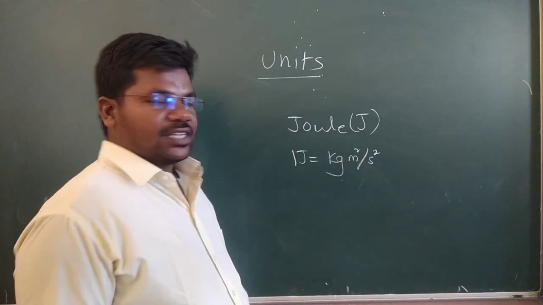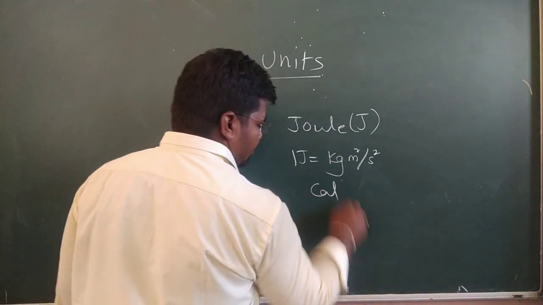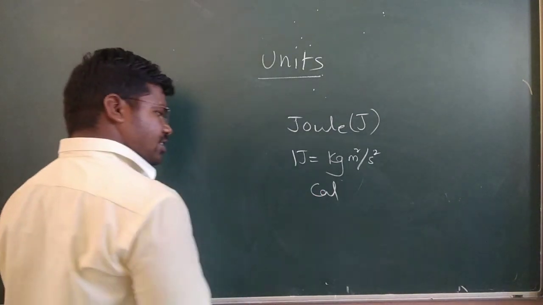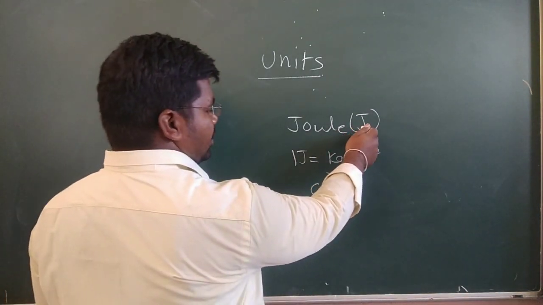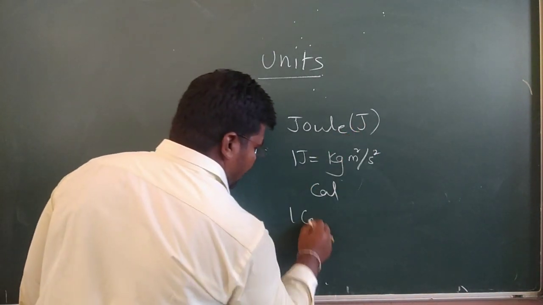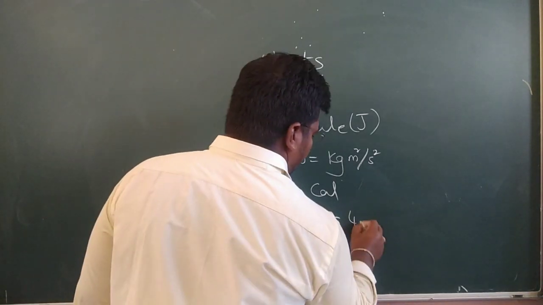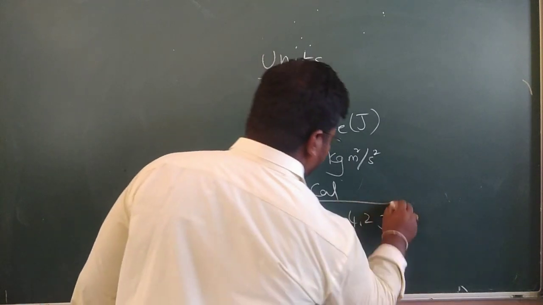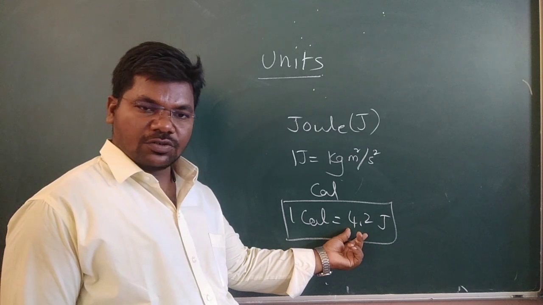Another unit is calorie. The relation between joule and calorie is 1 calorie is equal to 4.2 joules.